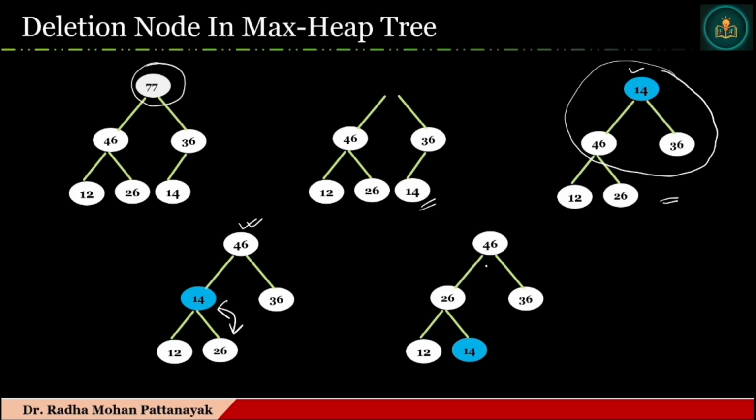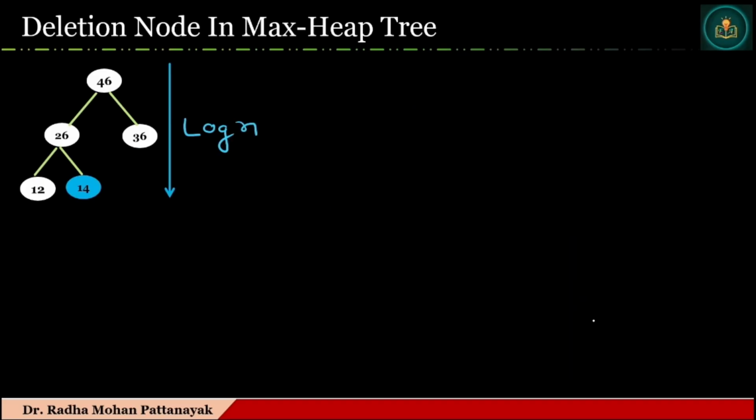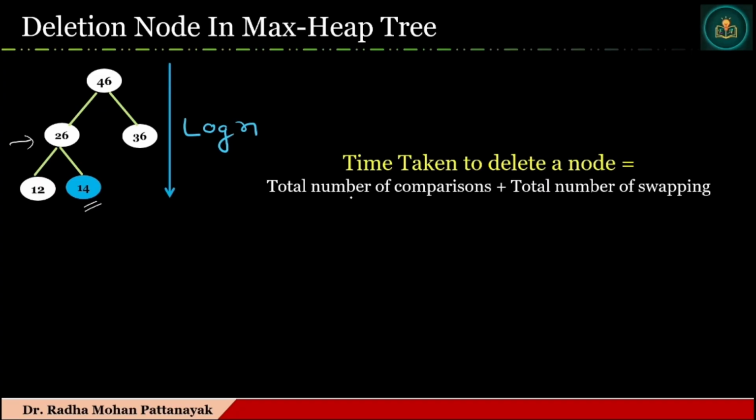So here, to delete the root element, in the worst case in every level we require at least two comparisons and one swapping. So if a complete binary tree has log n levels, the time taken to delete a node is the total number of comparisons performed plus the total number of swappings performed. So total number of comparisons how much? 2 multiplied by log n. Why 2? Because we compare two elements, right?